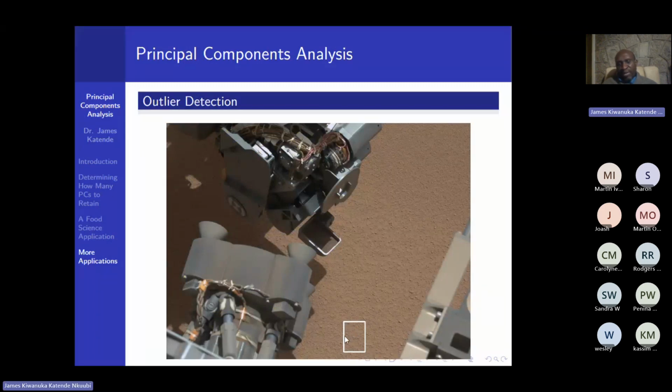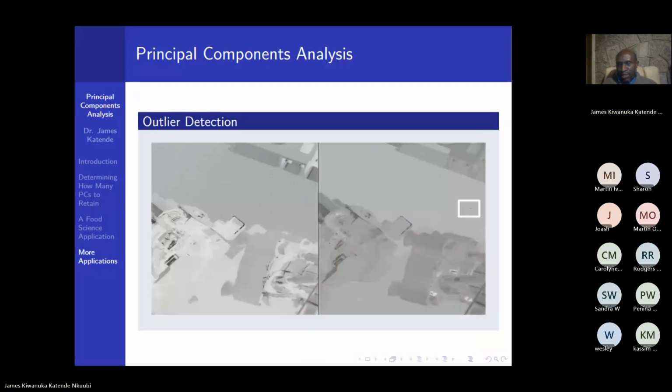It's not easy to see. It's an outlier. But if you use principal components analysis, it is picked up as a small dark spot in the second principal component. There's a first principal component, and then the second principal component. You can see this one picks out the lighter colors, and this one picks out the darker colors.